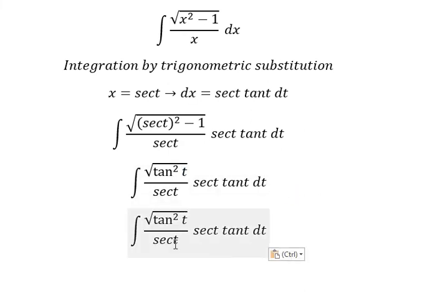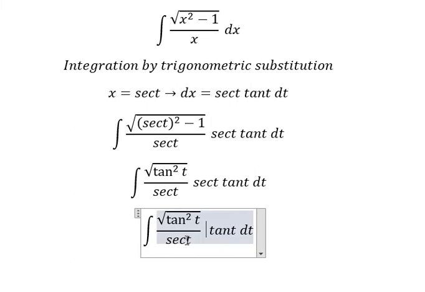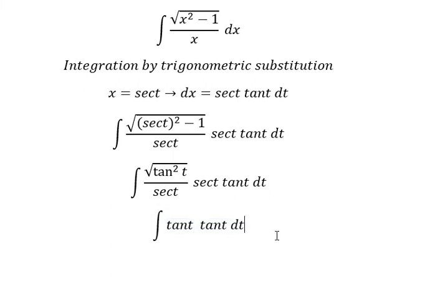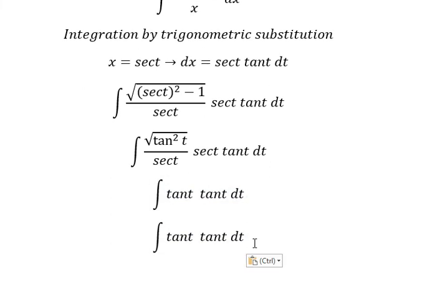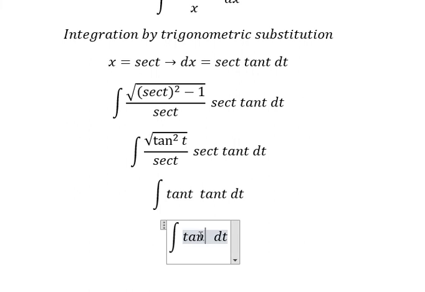Secant of t we simplify. This one you got tan t. Tan t and tan t, you got tan t squared.